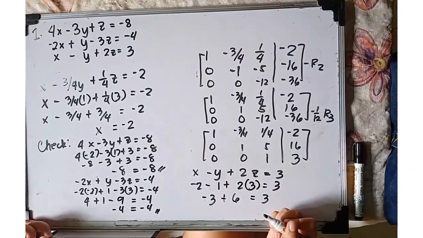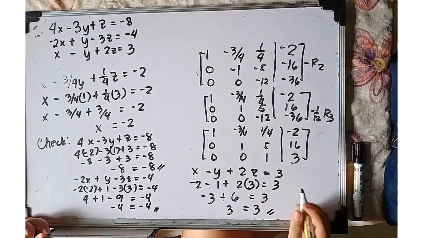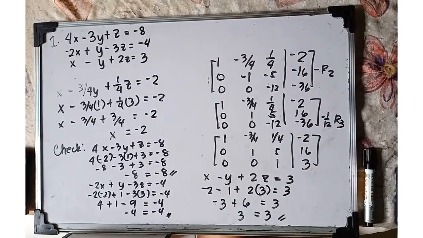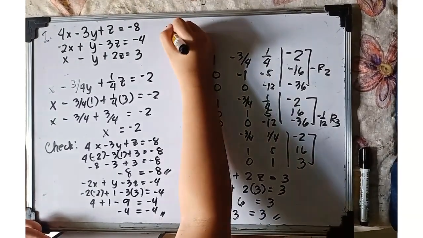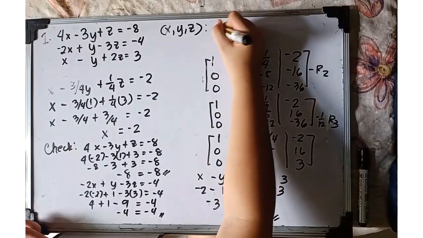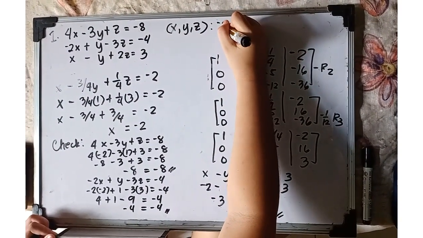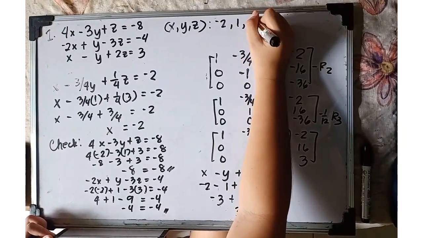Negative 3 plus 6 is 3, and 3 is equal to 3. Therefore, our solutions are correct: x is negative 2, y is 1, and z is 3.